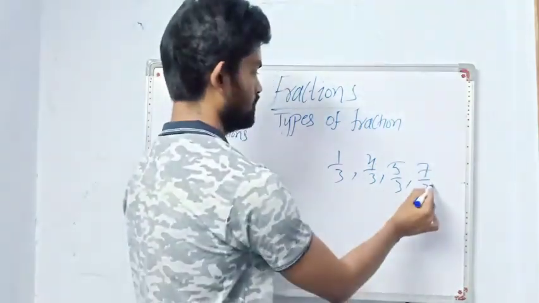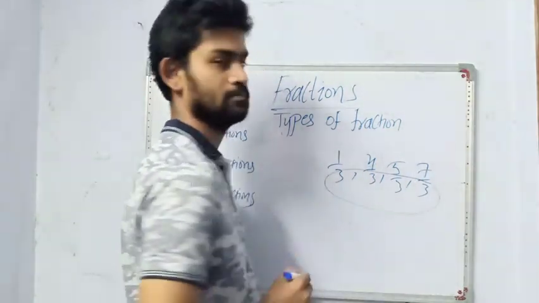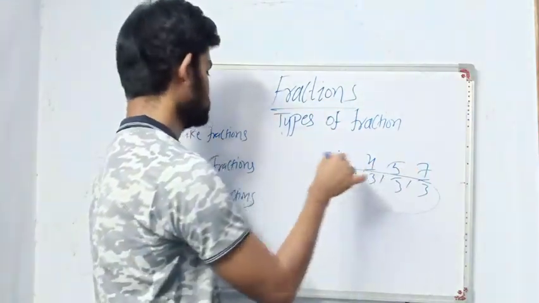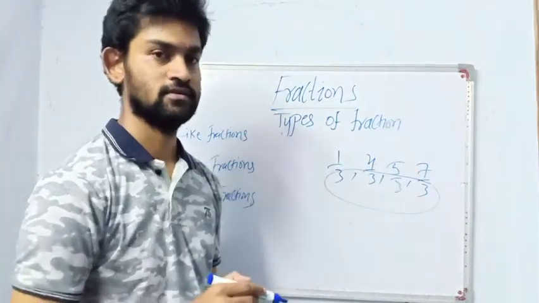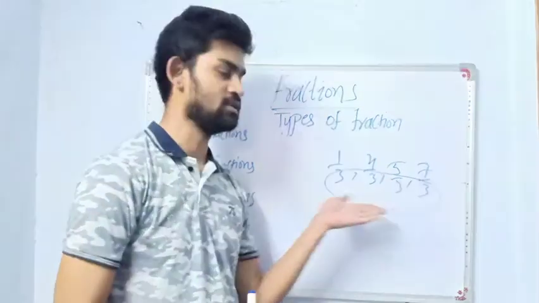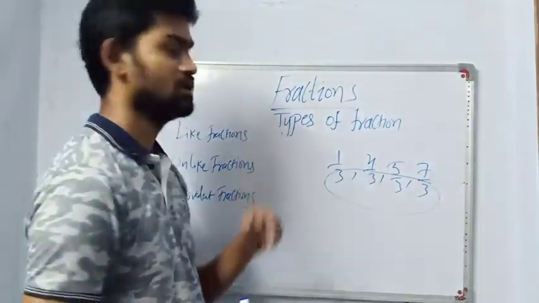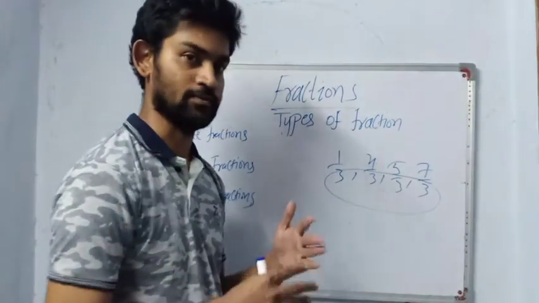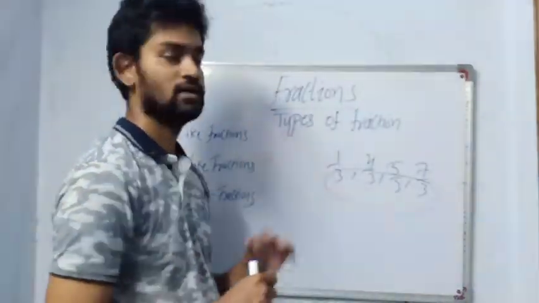All the denominators are the same. Then these are all called like fractions. Group of fractions which have the same or equal denominators are called like fractions.